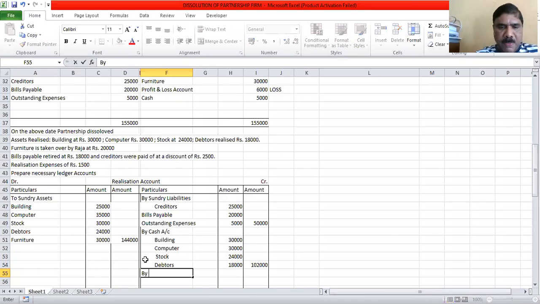Who is the partner who has taken it? Raja. That means Raja's capital account. What is the value of the furniture taken? 20,000. We have to mention what is taken; you can mention furniture taken over.